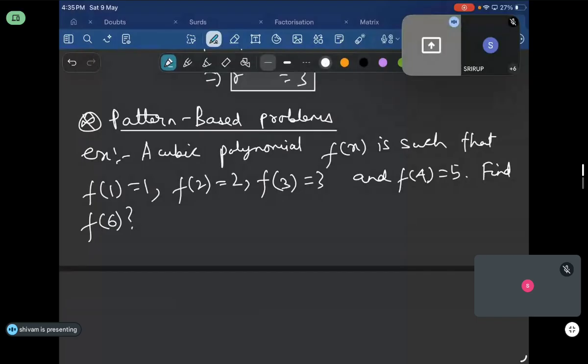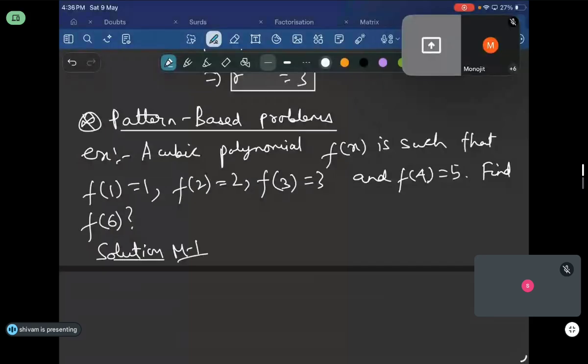The first three, right? f of 1 is 1, f of 2 is 2, f of 3 is 3. f of 4 is not following a pattern; we'll look after it later on. Before solving this, there is another method of solving this.